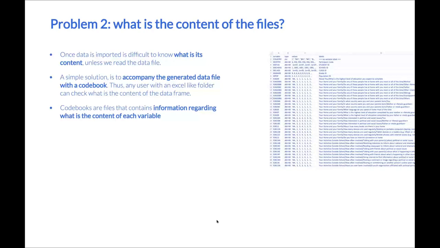Even if we are frequent users of R, every time we want to see the content of a data file, we need to open R and write code just to check what is inside this data frame.